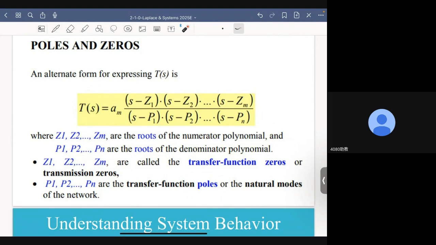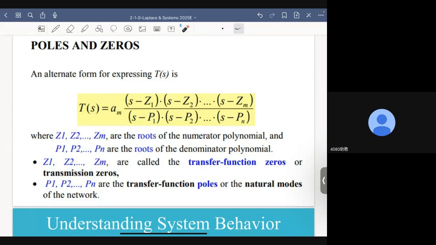Why do we have to identify what are the poles, what are the zeros? Because they are important parameters of the transfer function. Because as you will see in the near future, the locations of these zeros and poles matter a lot.